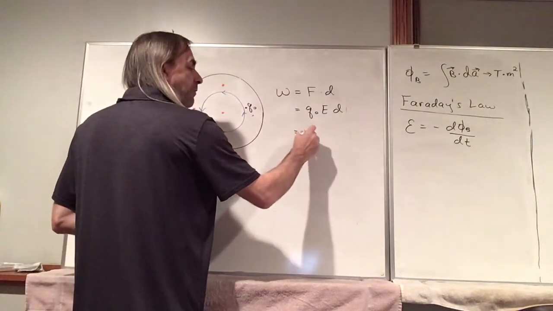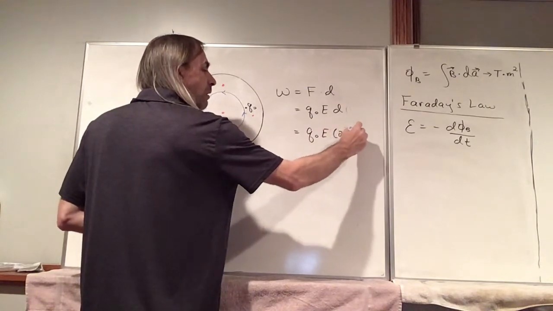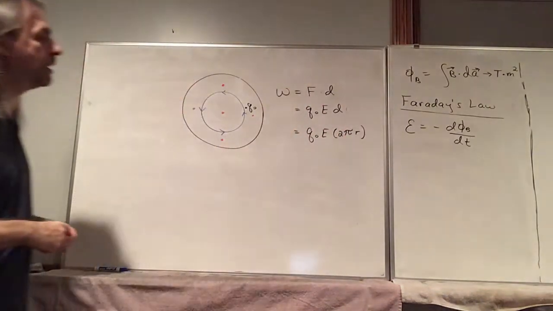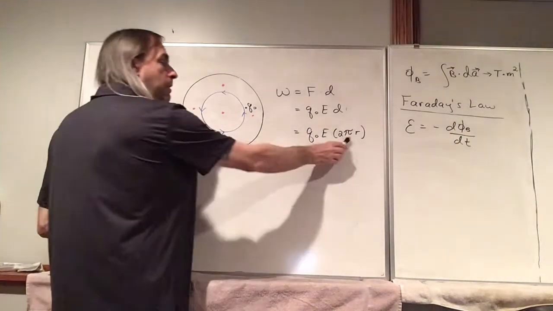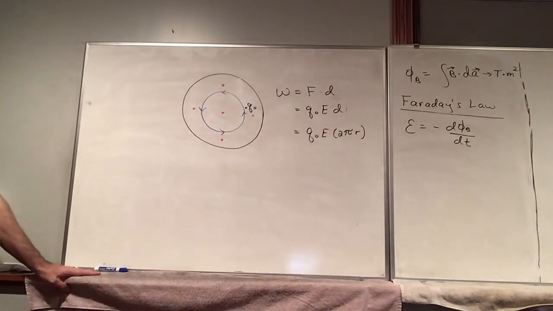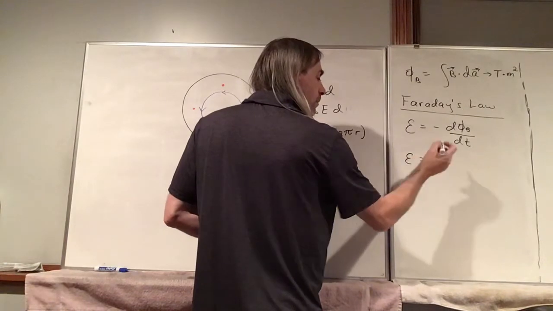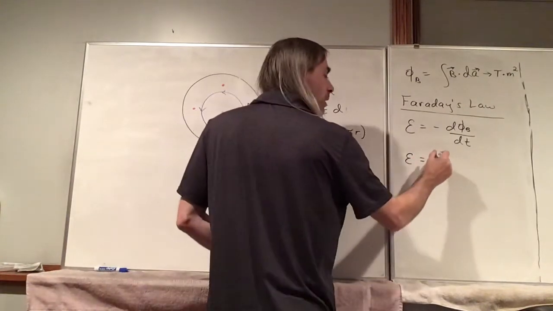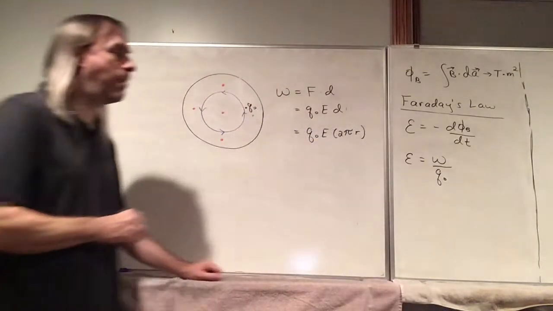And here we have Q naught E times the distance. We're going around one loop. So the distance is 2 pi r. Now remember the EMF is defined as the work done on a test charge divided by the charge.